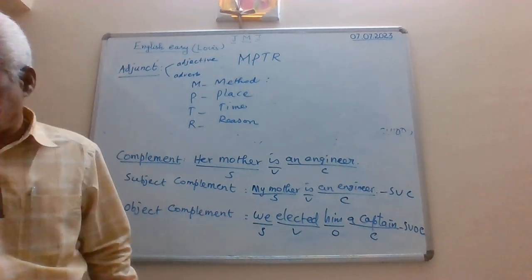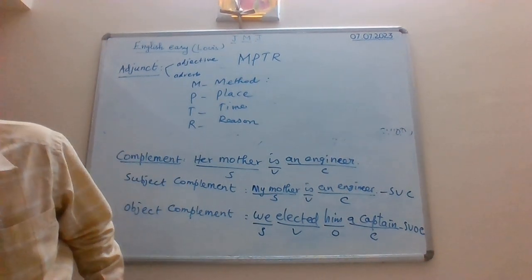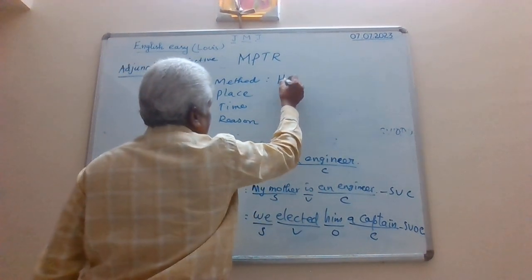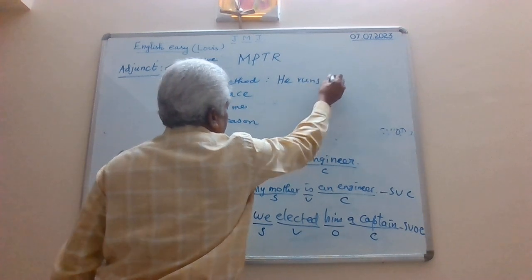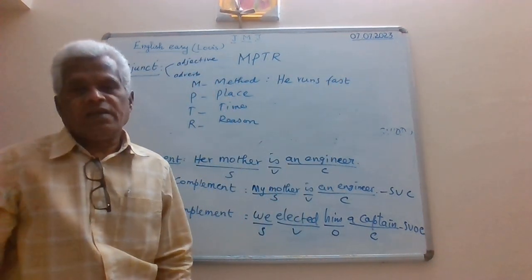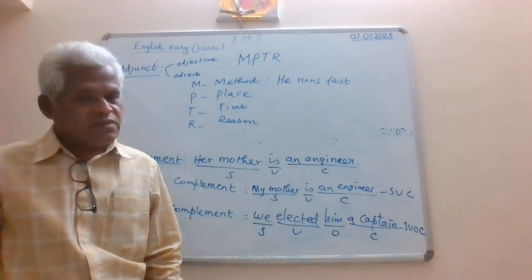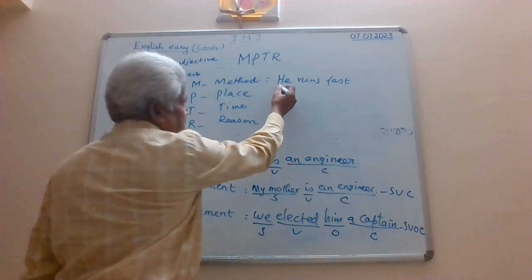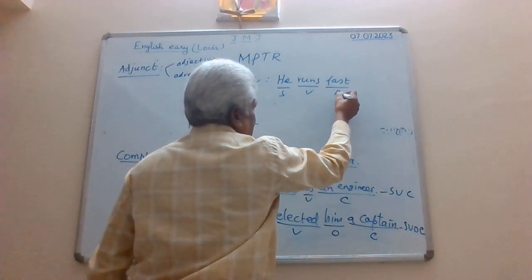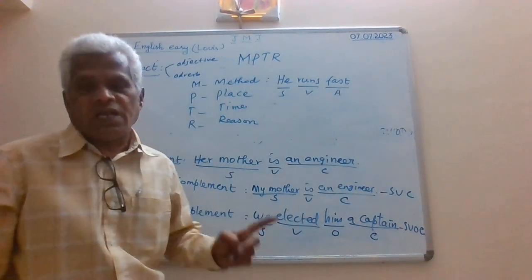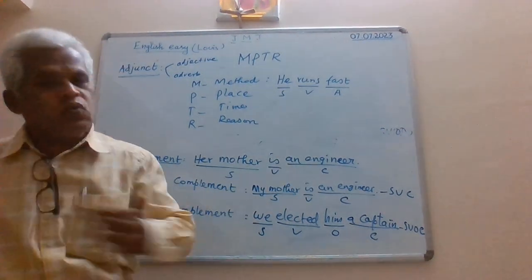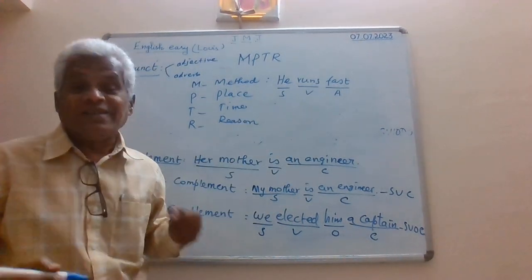See now, he runs fast. He runs fast. Now he is your subject, runs is your verb, fast is an adjunct. It is not an object. It's an adjunct. Now it will tell you how the subject runs.